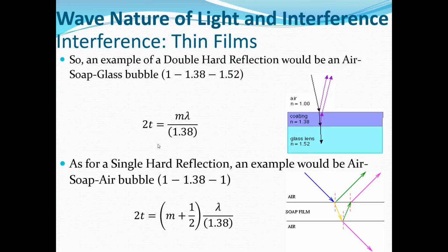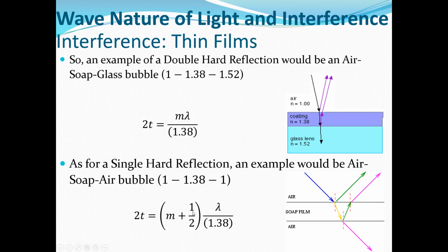Oh, I don't know if I mentioned this, but if we want constructive interference, we use the same concept that we did for the double slit experiment, where if this gets constructive interference at integer wavelengths, then it's going to get destructive interference at half integer wavelengths.